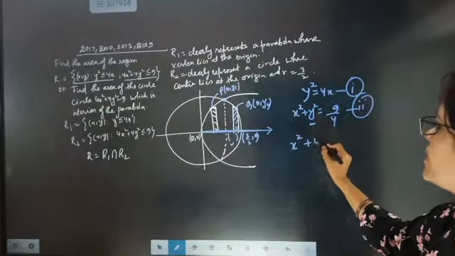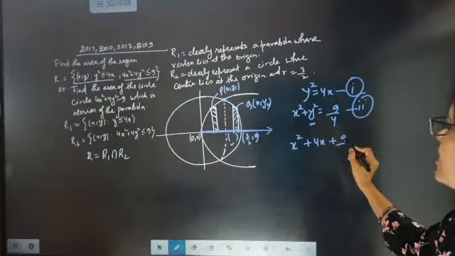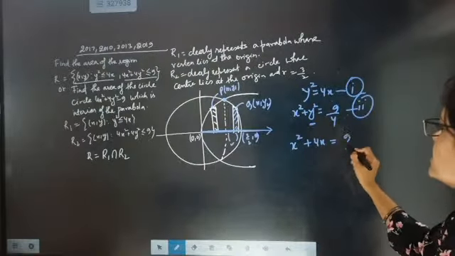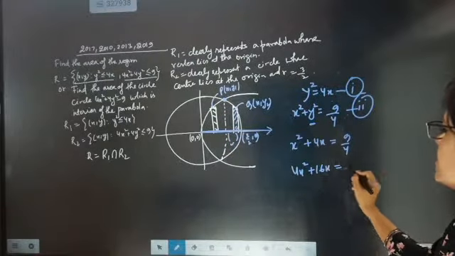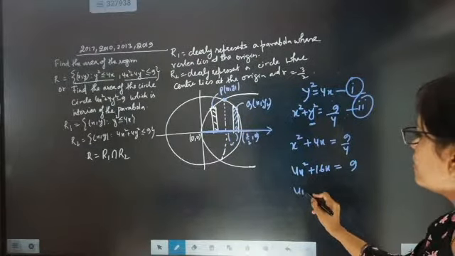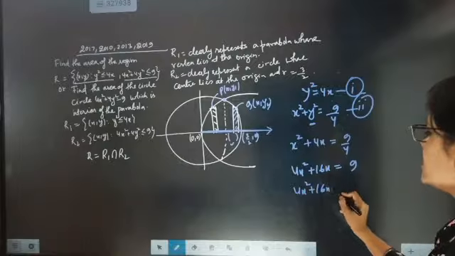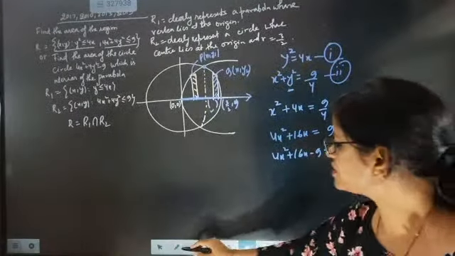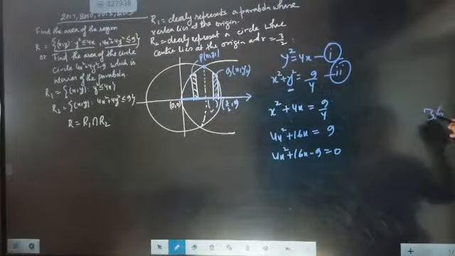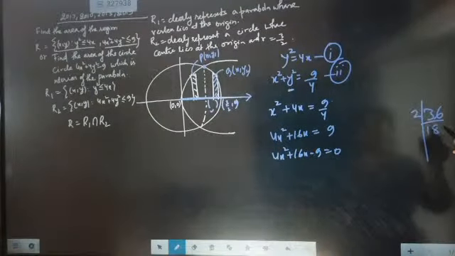So x square plus 4x equal to 9 by 4. So already it is given. So it is coming as 4x square plus 16x equal to 9. If we solve, 4x square plus 16x minus 9 equal to 0 is coming. Then 4 times 9 is 36, so the factors are 18 and 2.